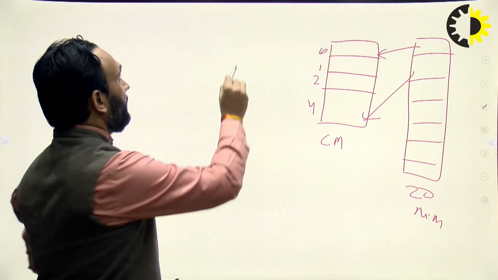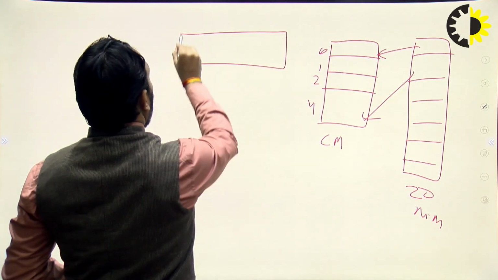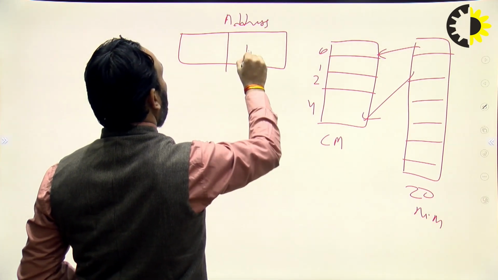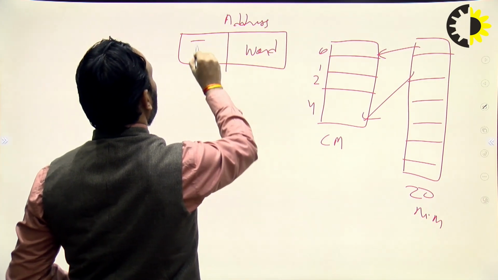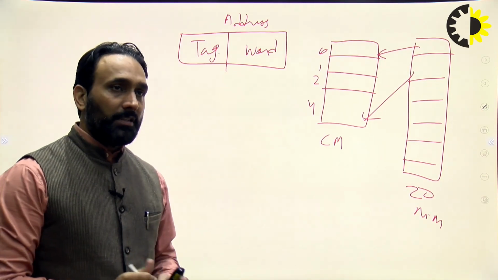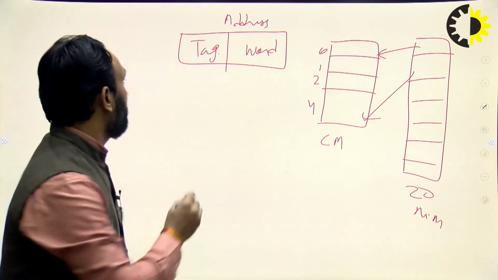So, in this method, the address length is divided only into two parts, word and tag. That is the basic difference between direct and associative methods.